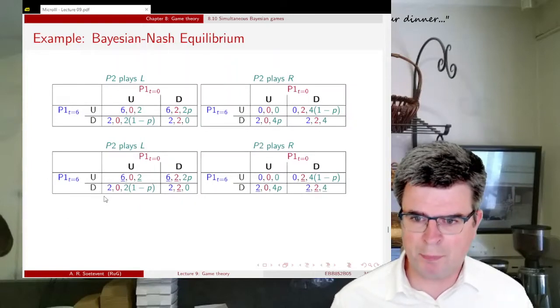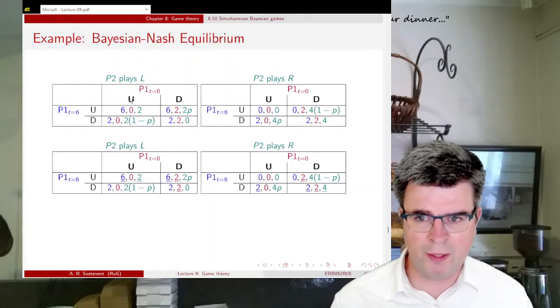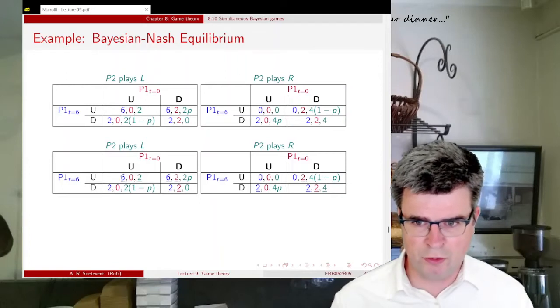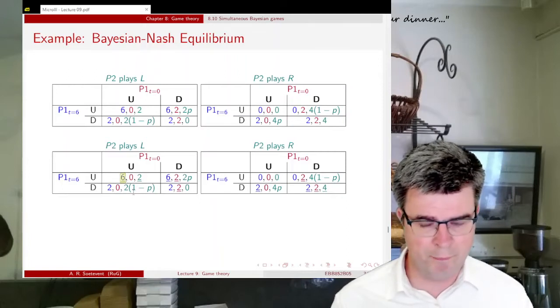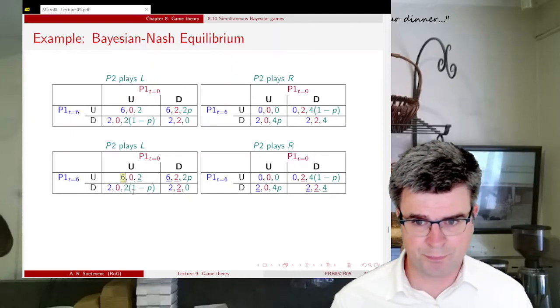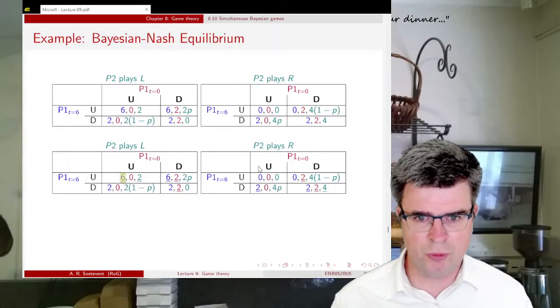So for example, player 1 of type T is 6, given that player 2 plays L and player 1 of type T is 0 plays up, needs to decide what is optimal for me to do, up or down. Up gives me a payoff of 6, down a payoff of 2. So it's optimal for me to play up. And also here, 6 is more than 2, so it's optimal to go for up.